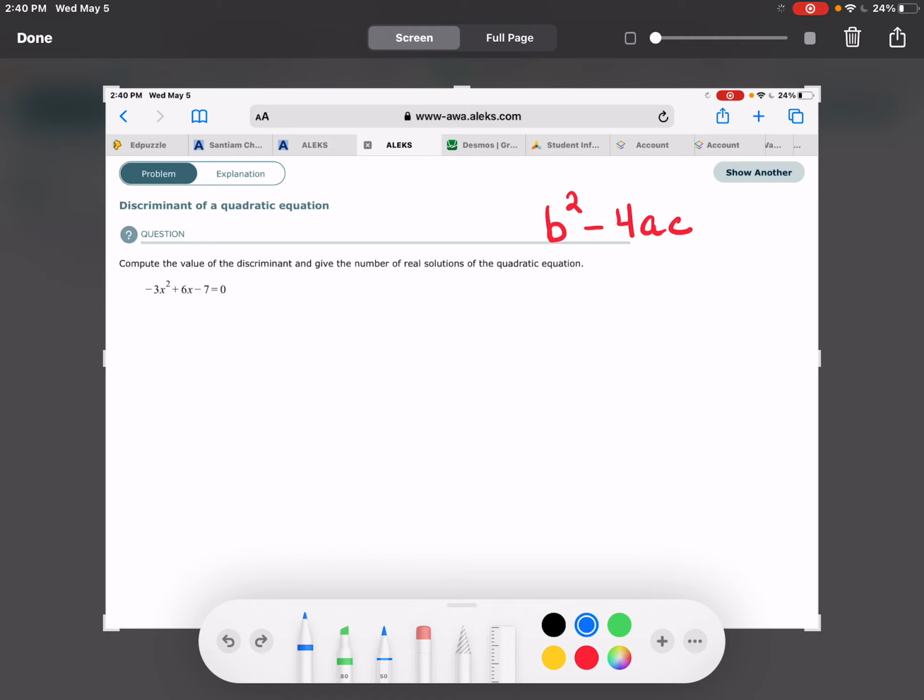It will either tell us that there are no solutions if we get a negative number, because if you'll recall, we can't take the square root of a negative number and get a real number.